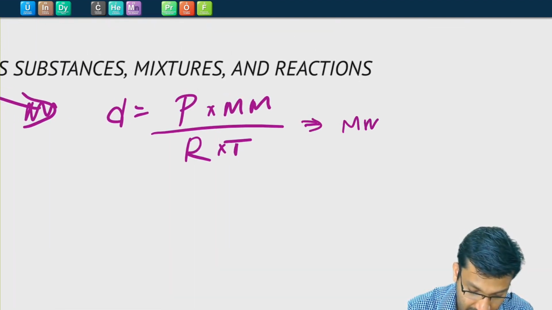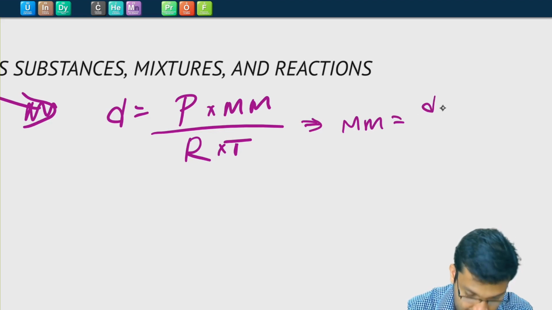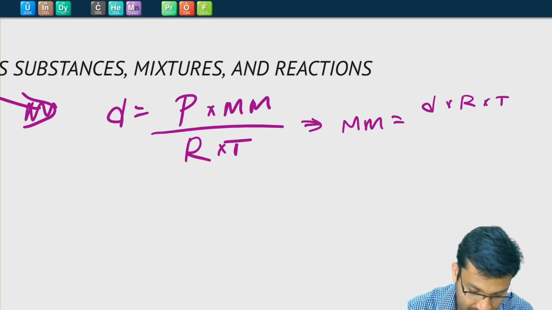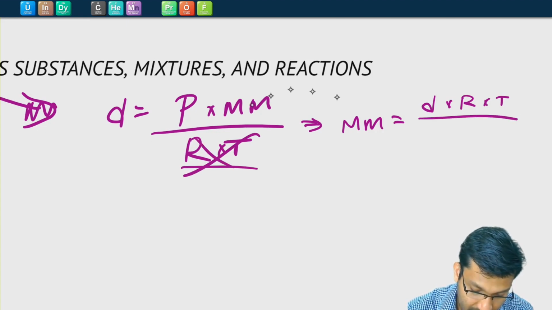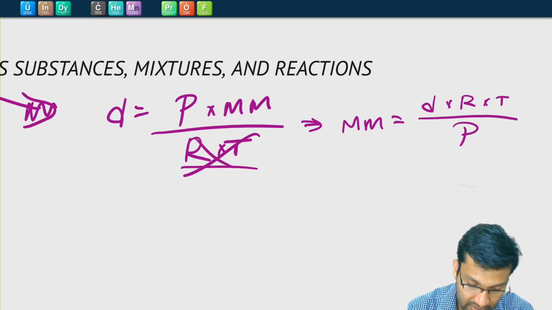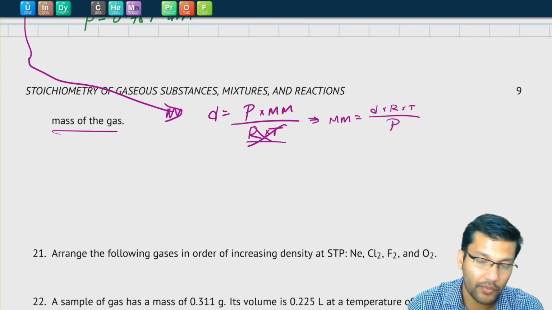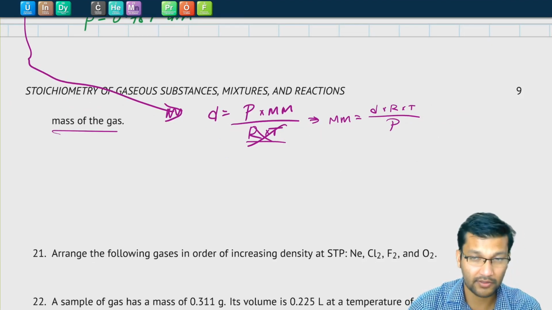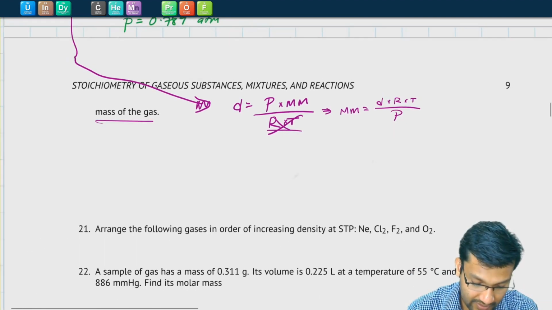So the molar mass then should be the density times R times T, divided by pressure, because I multiplied by R times T and divided by pressure on both sides. A good way to make sure that your formula works is to write all the units and make sure they cancel out to give you the correct units.